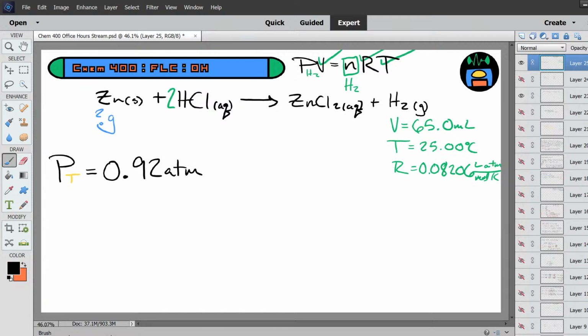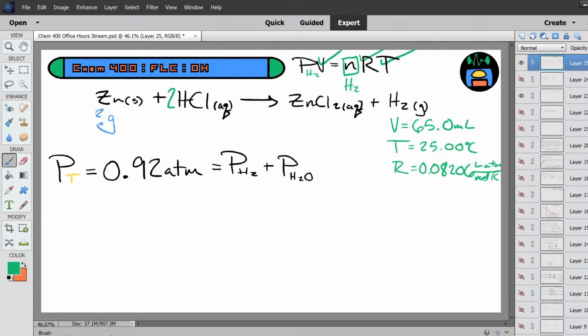This is equal to the pressure of hydrogen plus the pressure of water. Because it was collected over water, that atmospheric pressure is actually equal to the partial pressure of H2 plus the partial pressure of H2O.